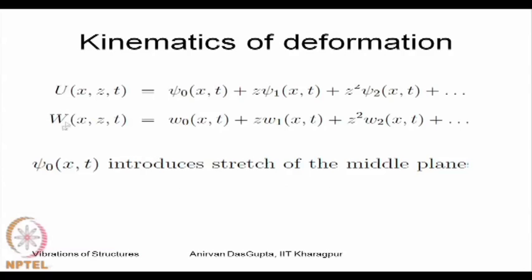Similarly, the transverse deflection is also expanded as a series in powers of z, where you introduce these field variables W0, W1, W2. Now, here this psi 0 introduces the stretch of the middle plane.